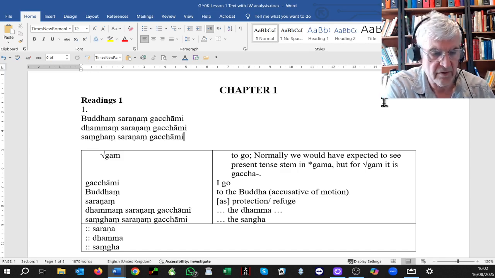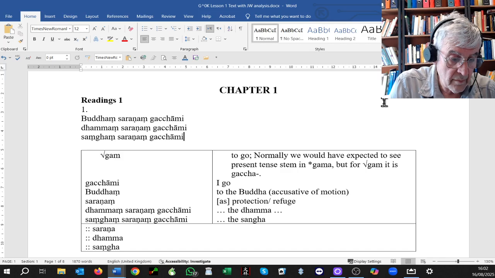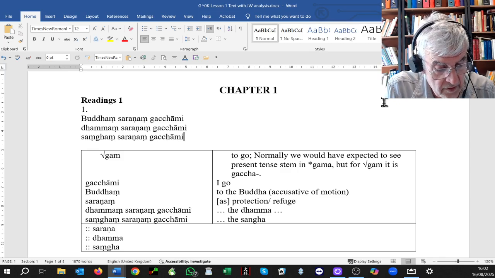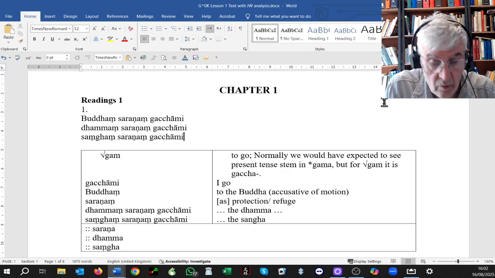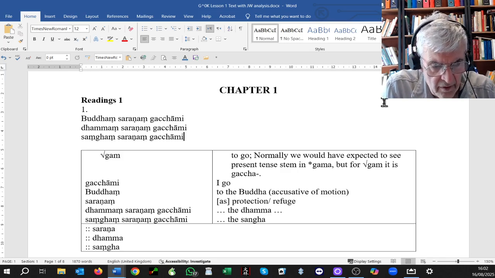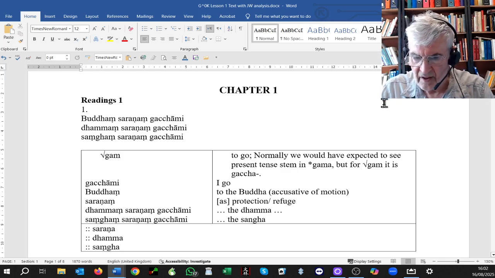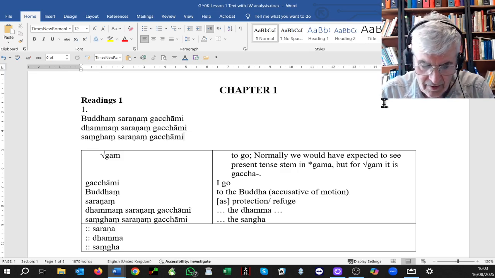Now in the grammar part of this lesson, some of you will already have seen my YouTube lesson on the grammar, where I go through the grammar section starting on page 4, lesson 1, and I'm referring now here in particular to the verbs dealt with on page 7. This gacchami, it's slightly unfortunate that the very first verb you encounter in these lessons happens to be slightly irregular.